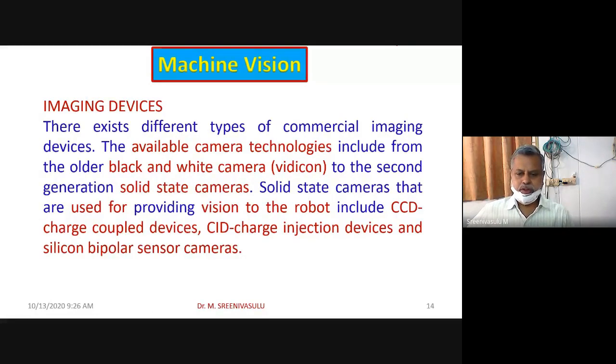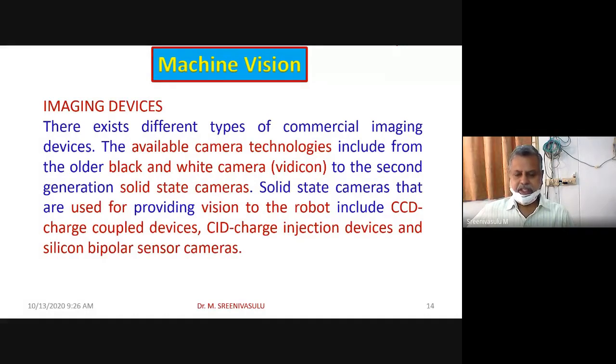And of course, by the time the author recorded this, the development was taking the support of solid state switches. That's the reason why they are called solid state cameras. So what do the solid state cameras take into account? They take the support of either CCD or CID. What is this CCD? CCD is nothing but charge coupled device. CID is nothing but charge injection device.